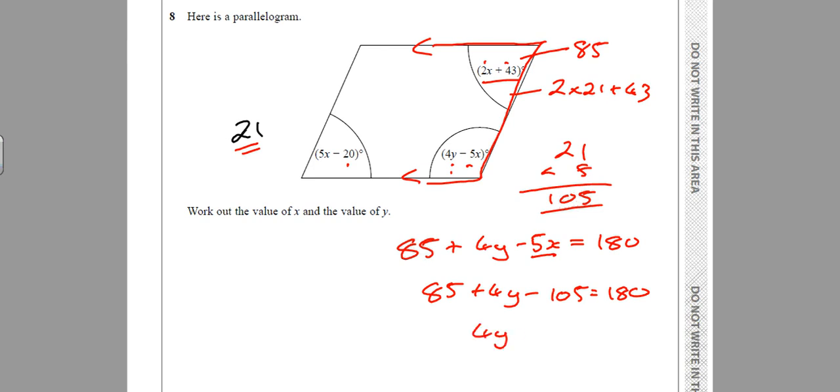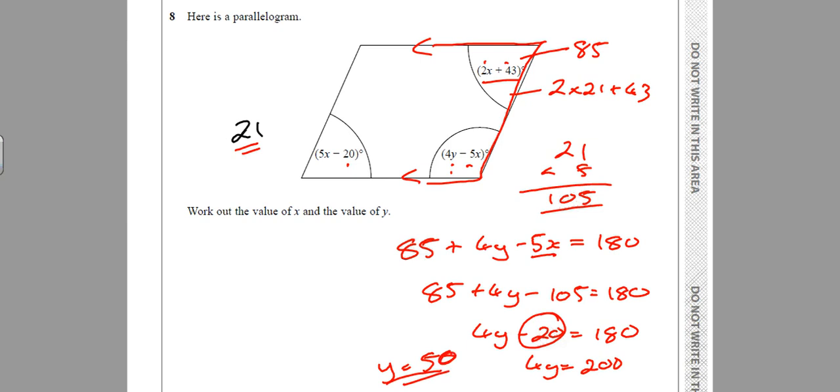So I've got 4y minus 20 equals 180. Now the way I get rid of minus 20, just like before, is I add it on to 180. So 4y equals 200, y equals 50. And that's that question done.